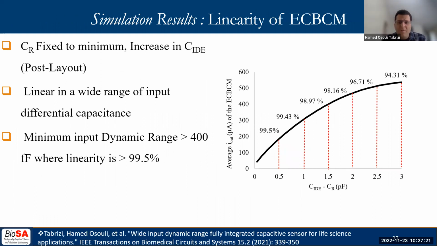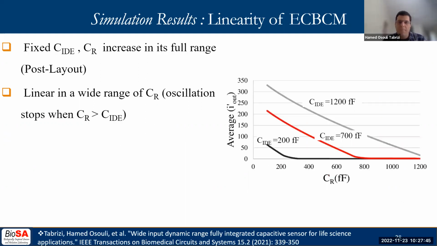Here, the linearity of the eCBCM transfer function has been investigated with post-layout simulation results. Results are shown for a large range of input differential capacitance for a given CR. High linearity is especially observed in about 400 femtofarad of the input change. The numbers are a squared correlation index in percentage, or R squared %.